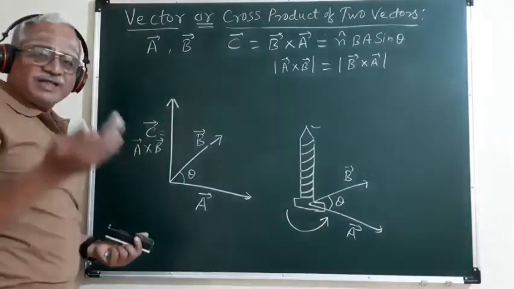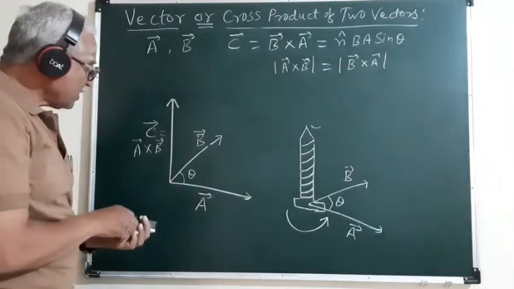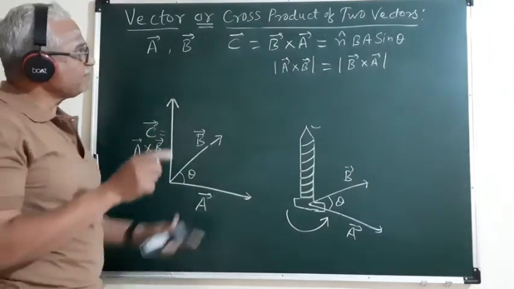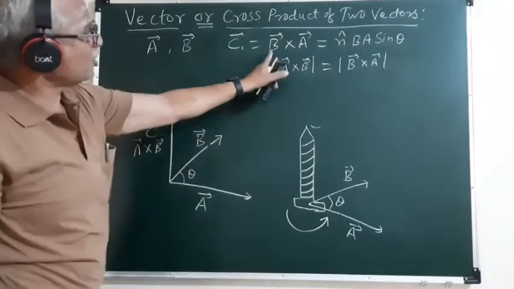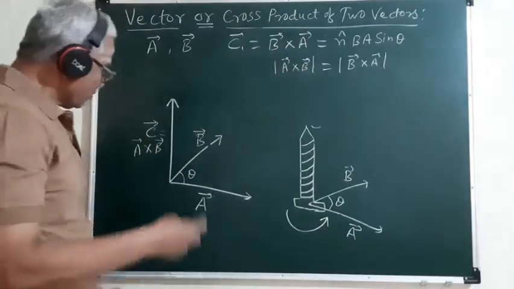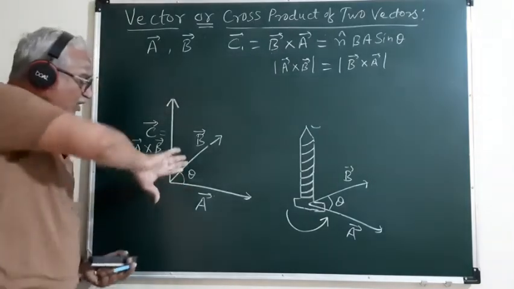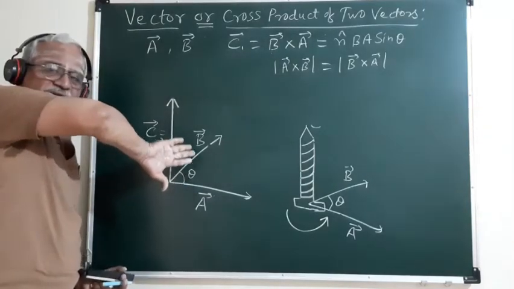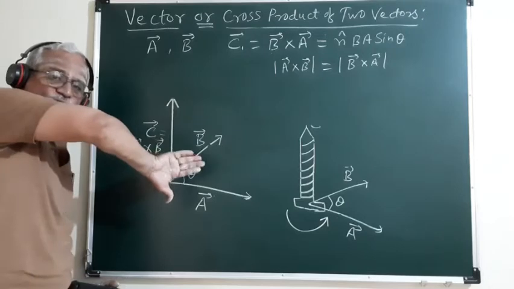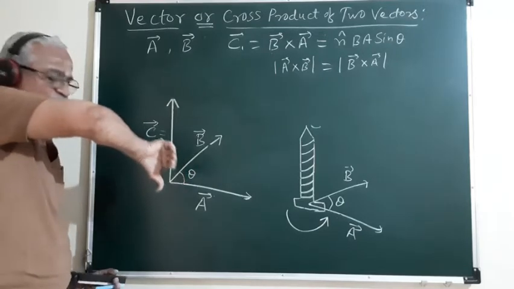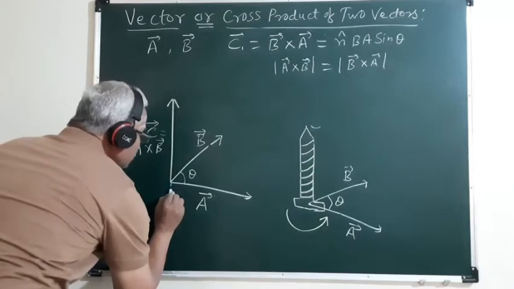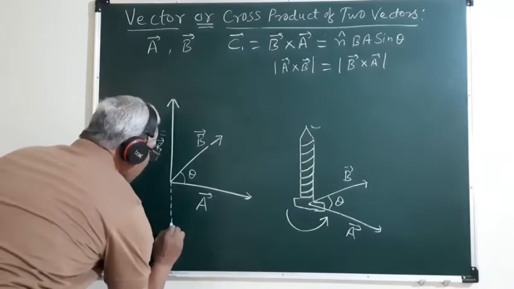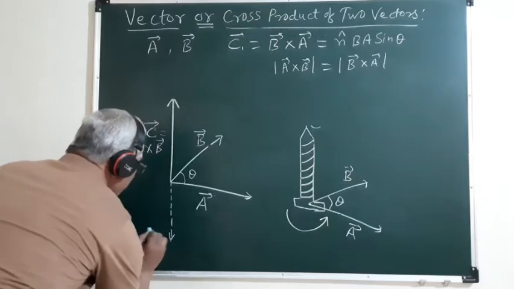So if we apply the right hand rule in order to obtain the direction of the vector C bar, or say C1 bar, representing the cross product B bar cross A bar, what we have to do is curl the four fingers of the right hand in the sense from the vector B bar towards the vector A bar, so that the vector C bar in this case is found to be directed in the downward direction.